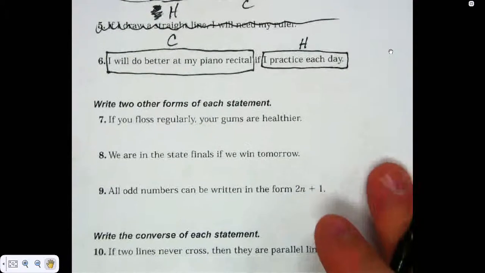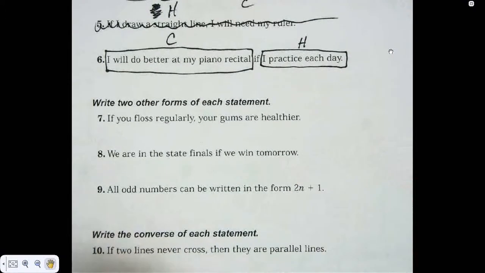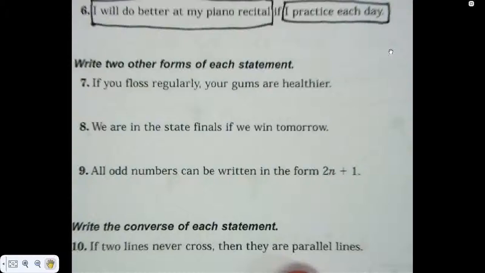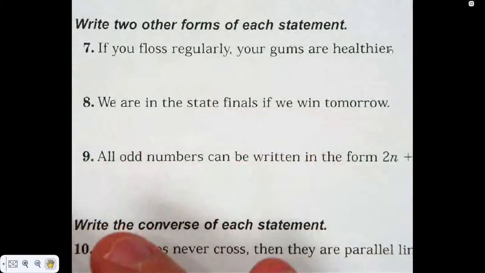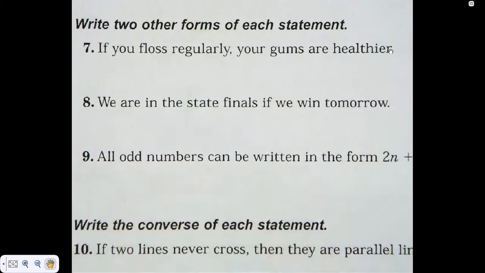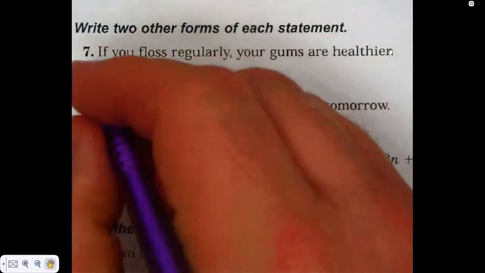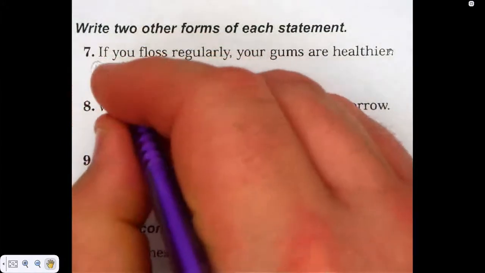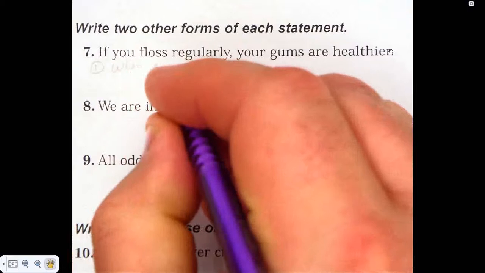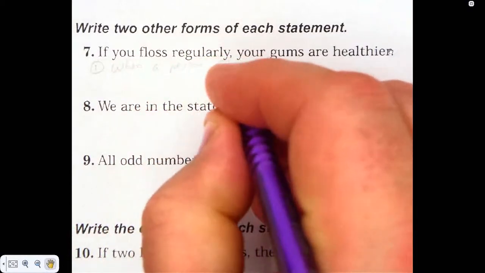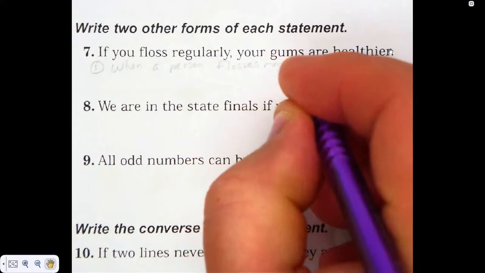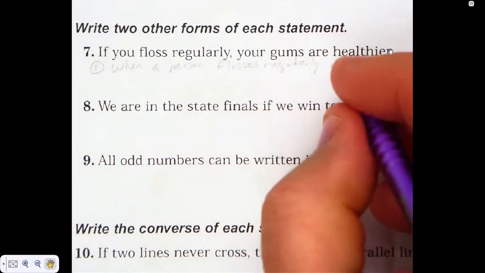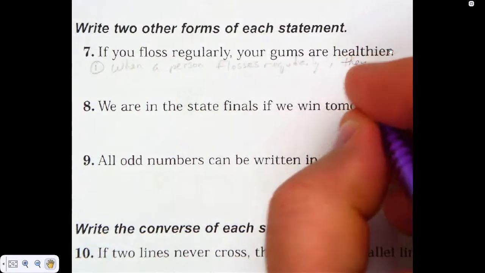Okay, now here, now they're really going to mess with you. Now they're wanting you to be creative. They're wanting you to write 2 forms of the same statement. Heavens to Betsy. How about I say, when a person flosses regularly, they have what?